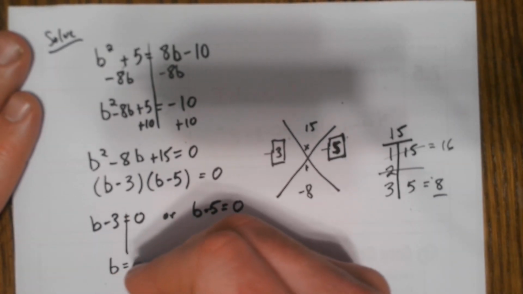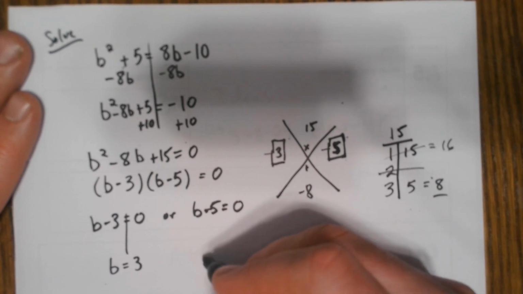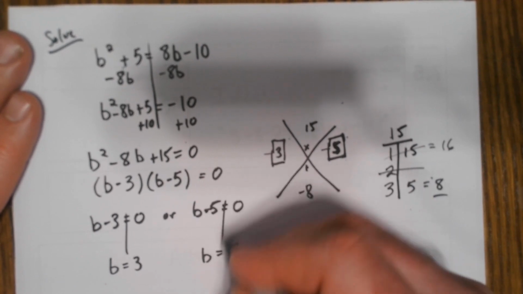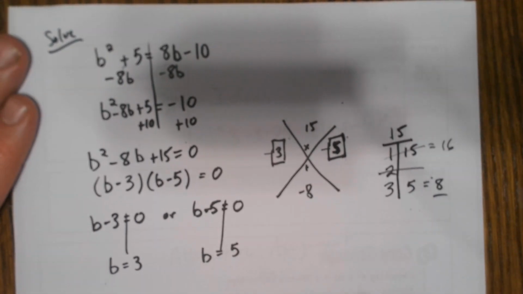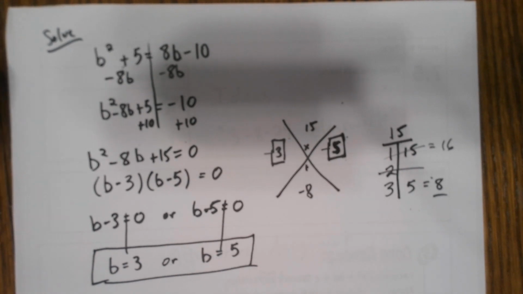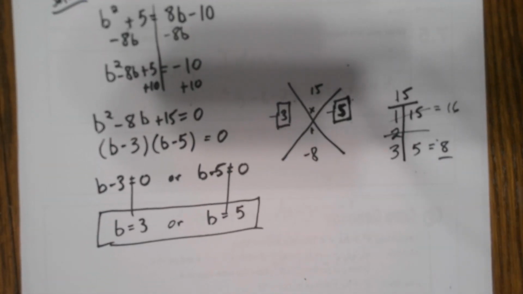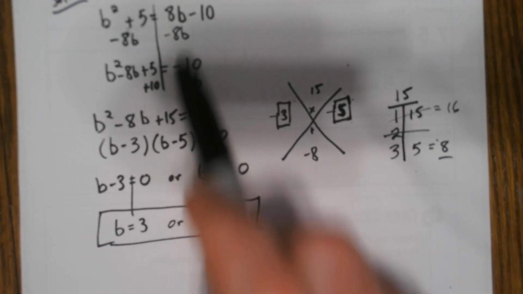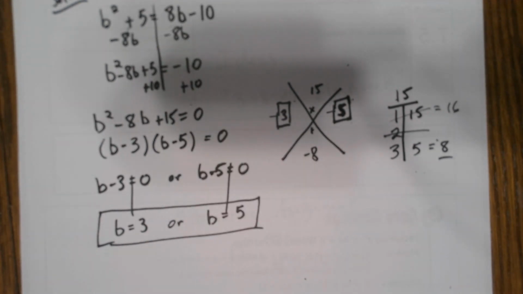I get b equals 3 and b equals 5. So the answer is b equals 3 or b equals 5. Or we could say the roots of this polynomial equation are 3 and 5.